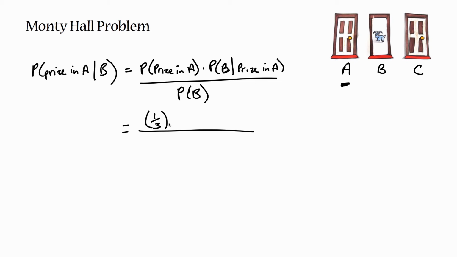So since you've chosen A and he has to open a door, we'll assume that he's fair and he always 50-50 opens either B or C. And finally, the probability that he opens door B without knowing anything about where the prize is also 1/2, right? Because he never opens the door you've chosen.